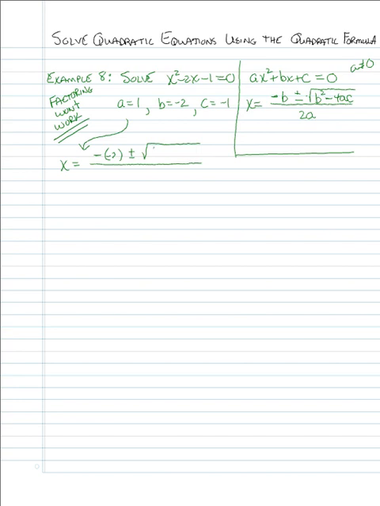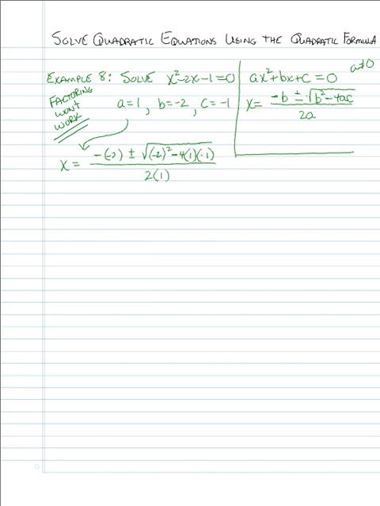And we have under the radical the b squared. So it's important to put the little parentheses for b, and the b value is -2. So I write that correctly that way. And then minus 4 times our a value, which is 1, and times our c value, which is -1. And then we divide all that by 2 times a, and our a value is 1.